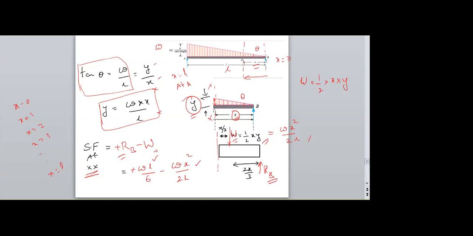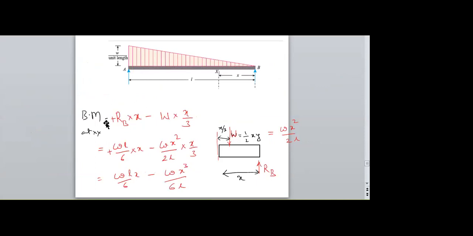Now, I need to draw the bending moment diagram. To draw the bending moment diagram, I need the forces and the distance of those forces from my section. The section is XX.